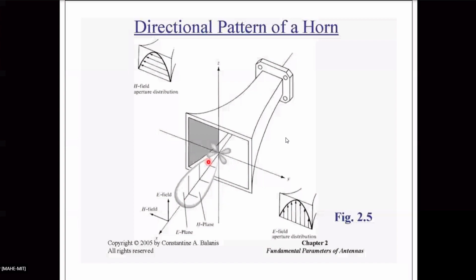The H plane is the plane containing the direction of the magnetic field and the direction of maximum radiation, this horizontal plane. Have you got it?